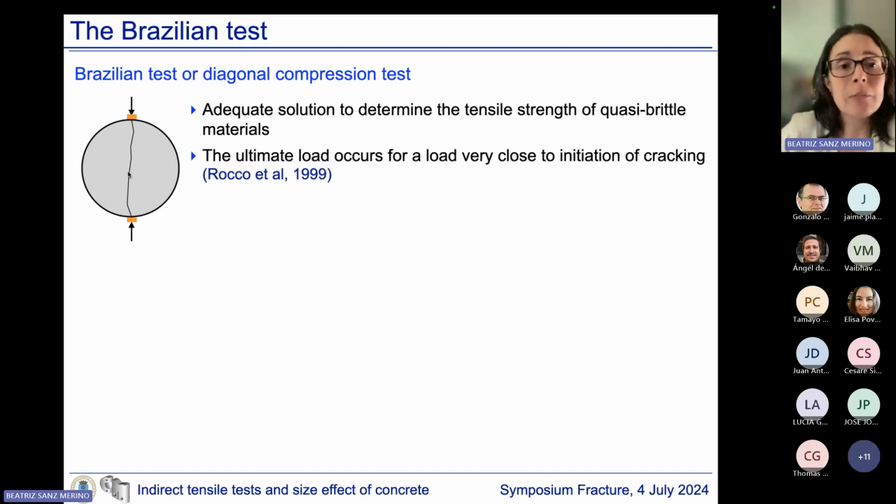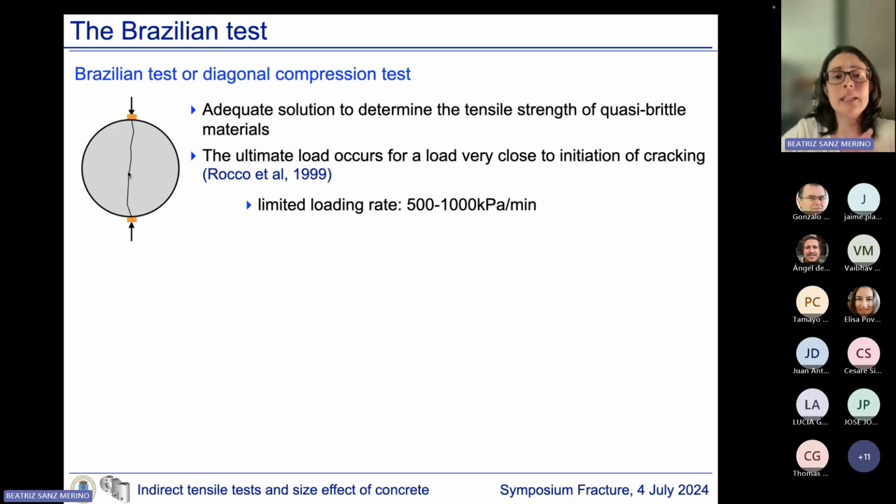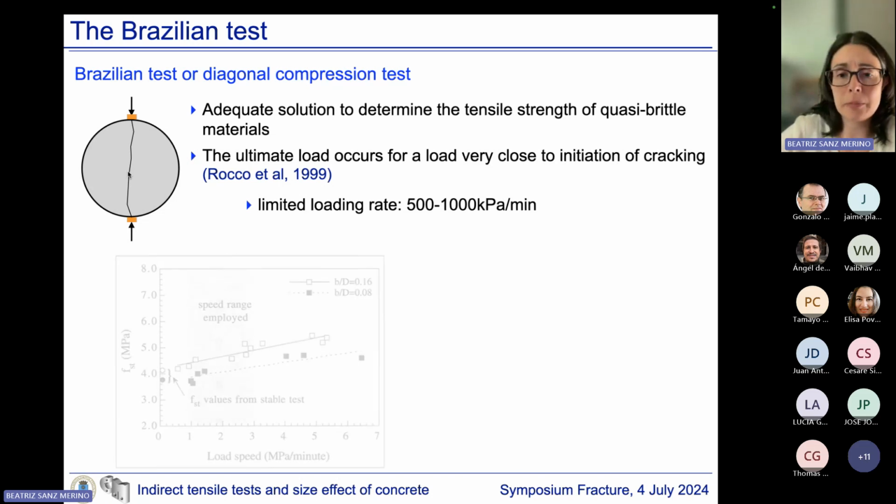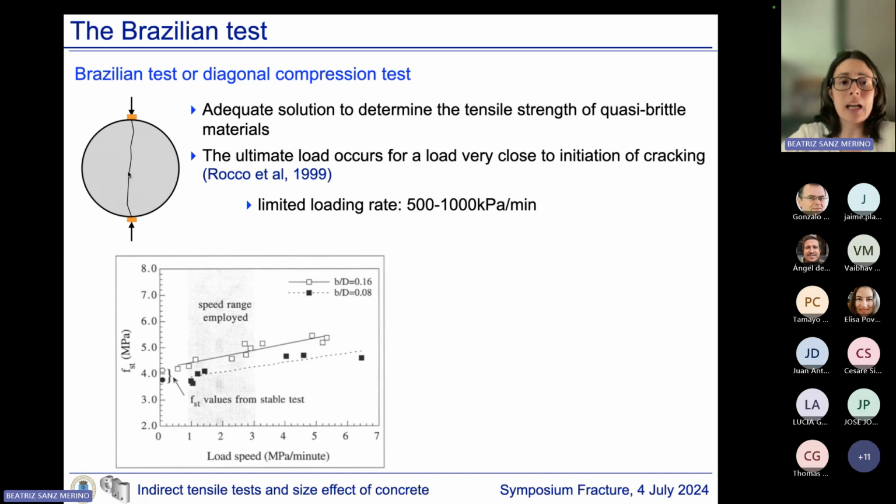As demonstrated by Rocco and collaborators in the 90s, the ultimate load occurs for a load very close to the initiation of cracking. But it happens only if some conditions are followed. First, the loading rate has to be limited to the range of 500 to 1000 kilopascals per minute, which was obtained according to the results of some experiments.